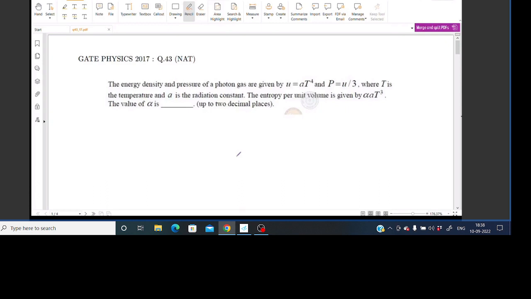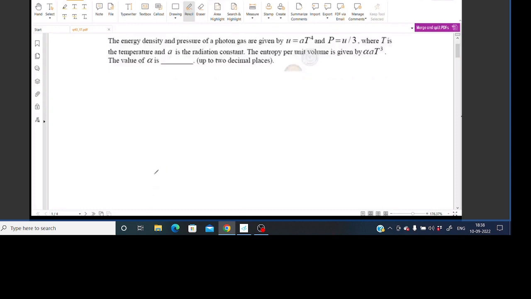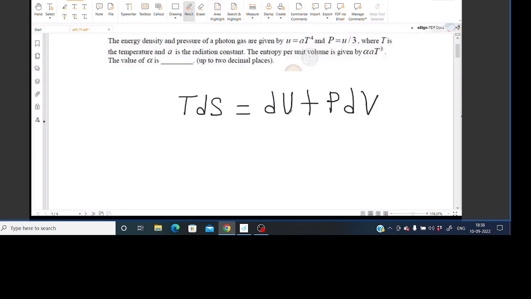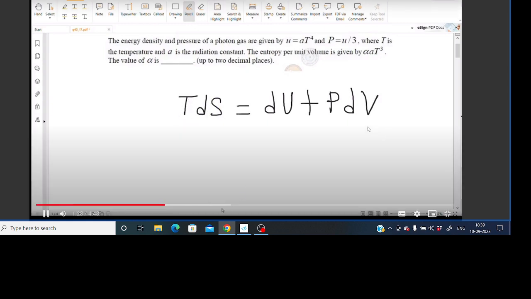Let's solve this question. From the laws of thermodynamics, we know that TdS equal to dU plus P dV, where P is the pressure, dV is the change of volume, dU is the change of internal energy, dS is the change of entropy, and T is the temperature.